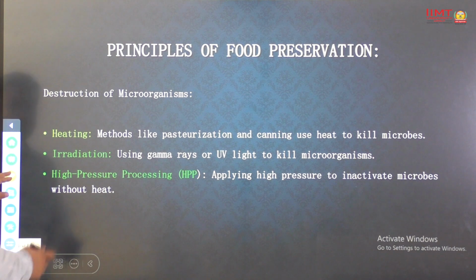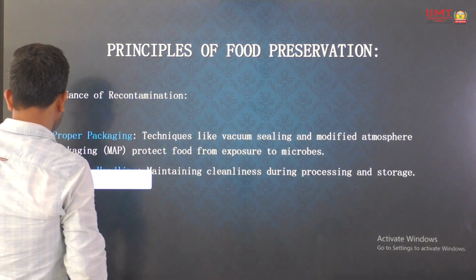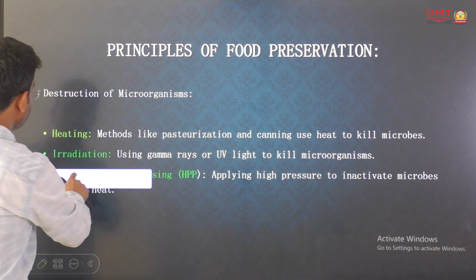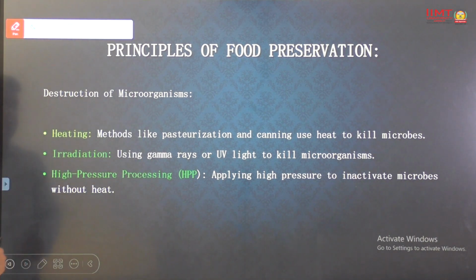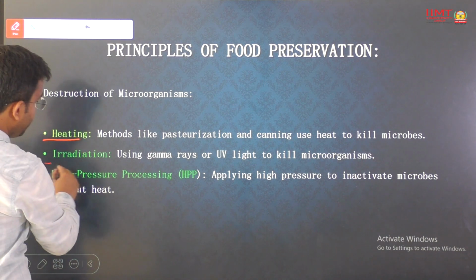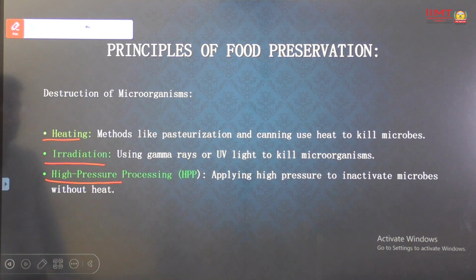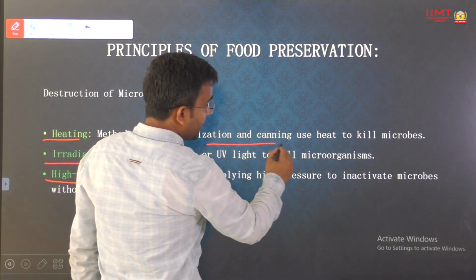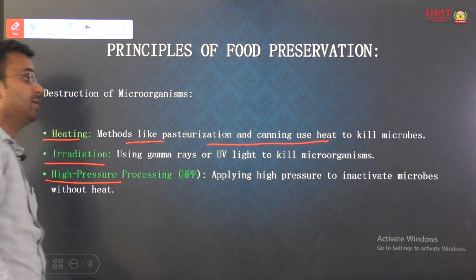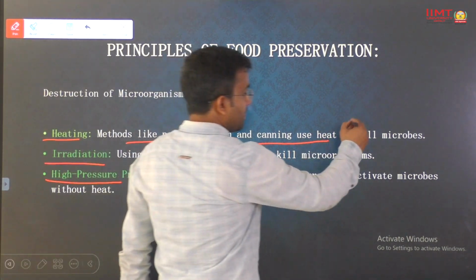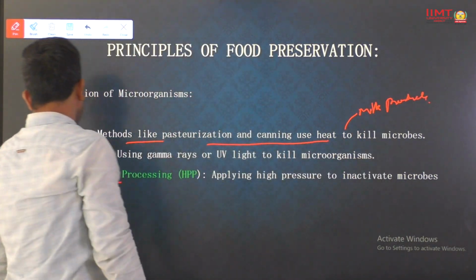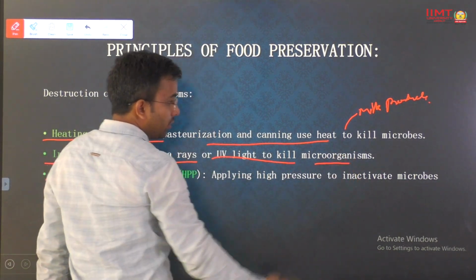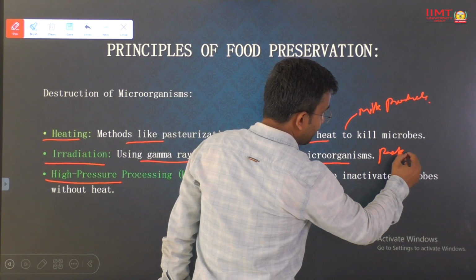And next is destruction of microorganisms. Destruction of microorganisms means heating, irradiation, high pressure processing. If we apply methods like heat, pasteurization and canning, we use heat to kill the microbes in milk products, and irradiation uses gamma rays or UV light to kill microorganisms in packed foods.